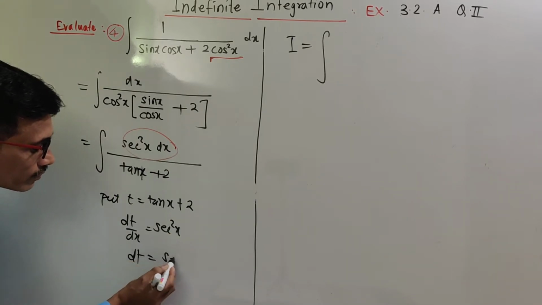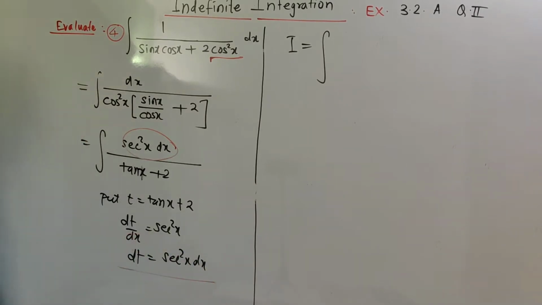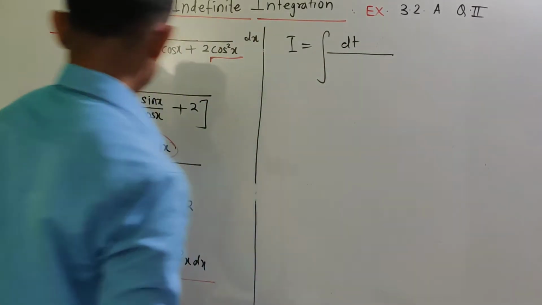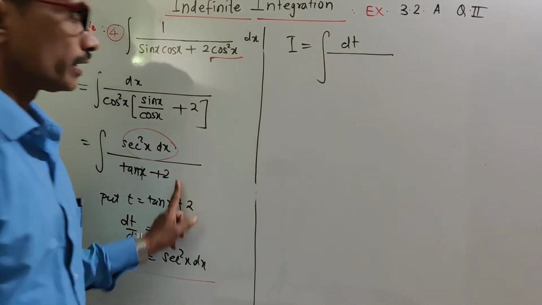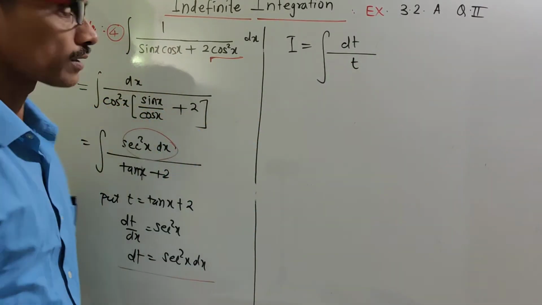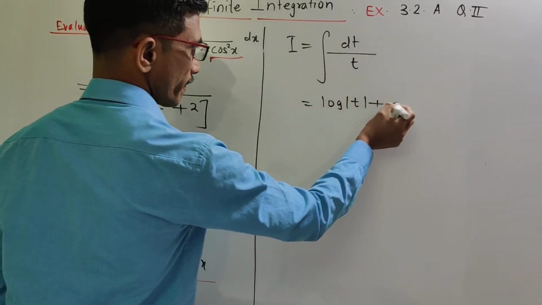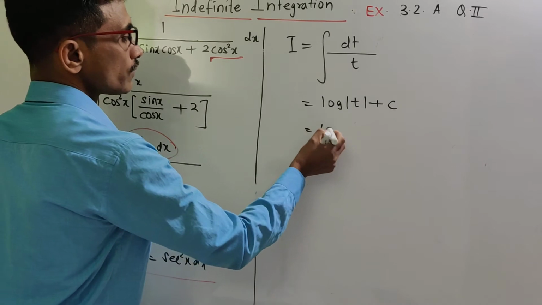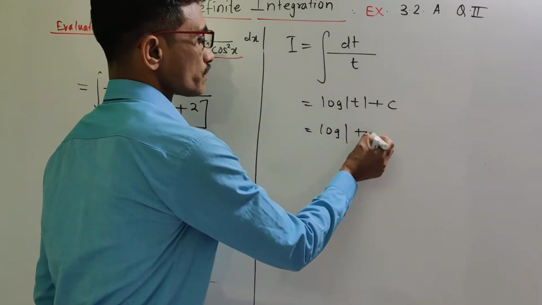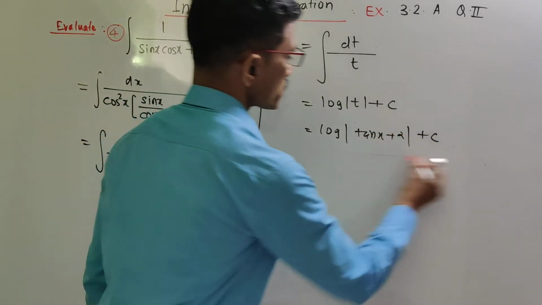So it is dt upon tan x plus 2, which is t, and integral dt upon t is log t. So this is log t plus c, and our t is equal to tan x plus 2, so log of tan x plus 2 plus c. So this will be our answer.